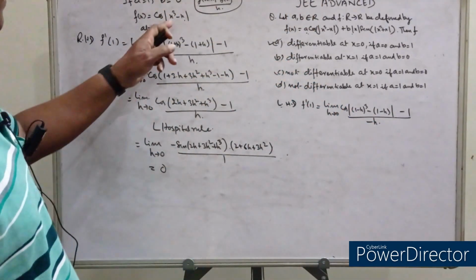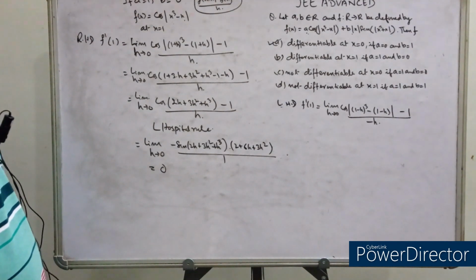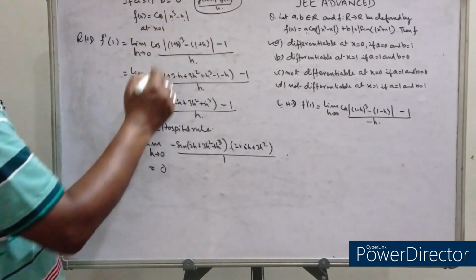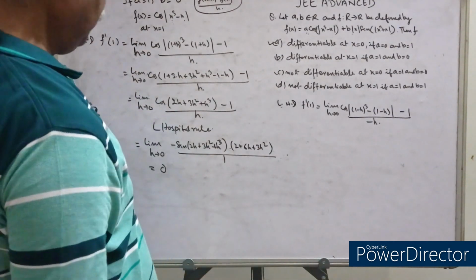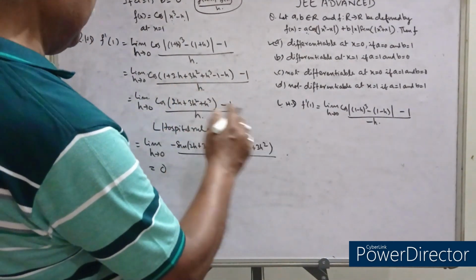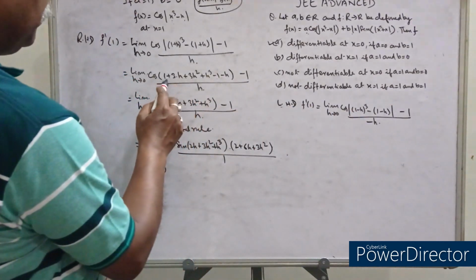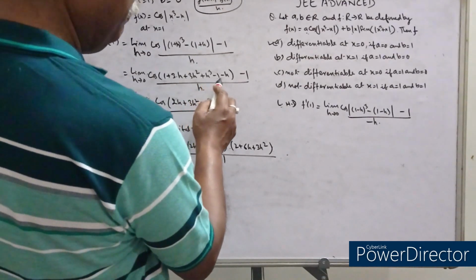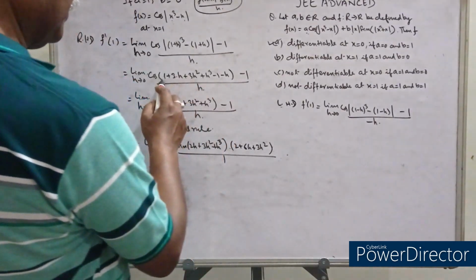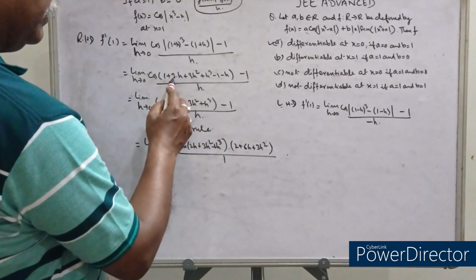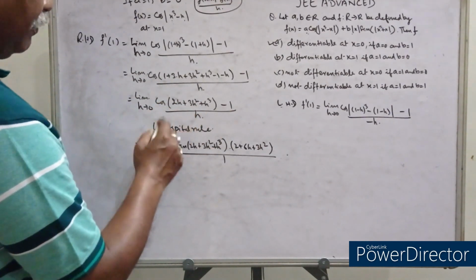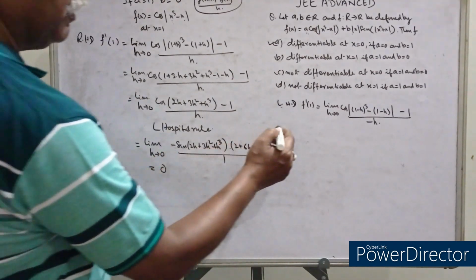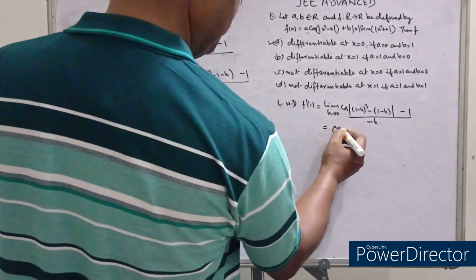Here, for f(1), 1 minus 1 is 0, cos 0 is 1. So now I will get the same result. Here it will be 1 − 3h + 3h² − h³ − 1 + h, which gives minus 2h. Again I will apply L'Hospital's rule, I will get the same, and your answer will be 0. You can check it.